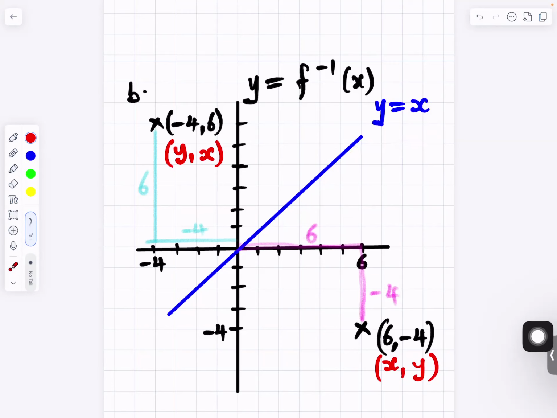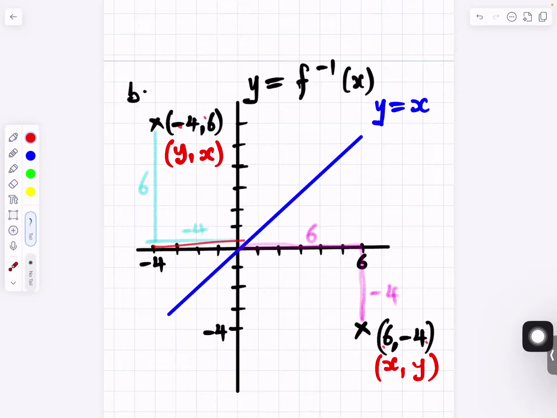So let's mark (6, -4): 6 to the right, minus 4 down. You mark the point there. That's (6, -4). When we do f inverse, we have here (x, y), and it will swap to (y, x). So (6, -4) will become (-4, 6).